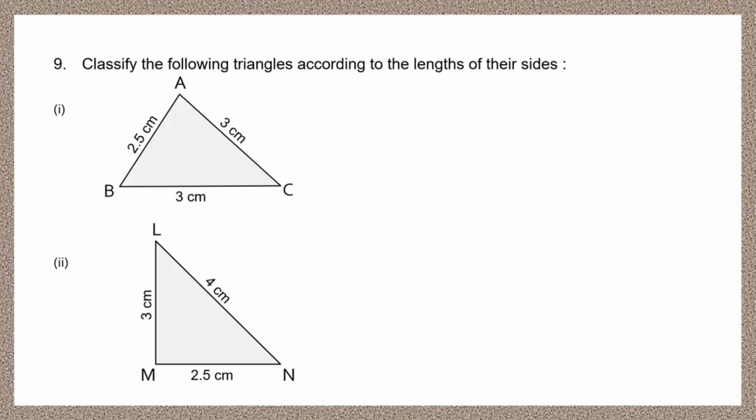Here AC is 3 centimeters, BC is 3 centimeters and AB is 2.5 centimeters. There are two sides that are equal, 3 and 3. If two sides are equal, it is called an isosceles triangle.